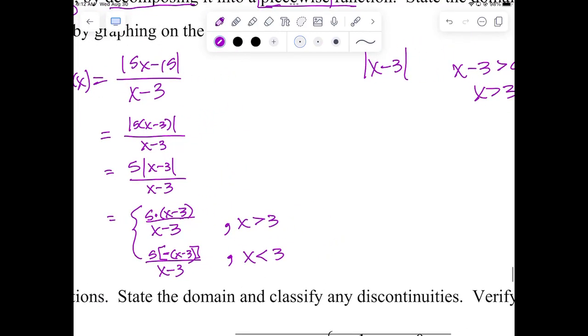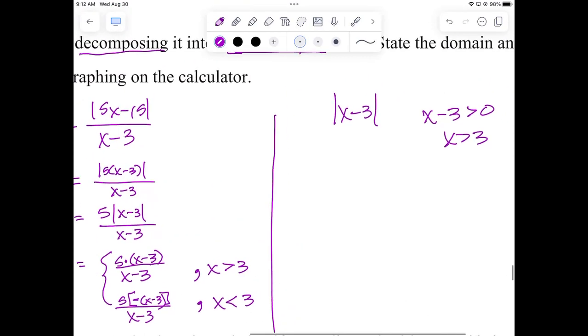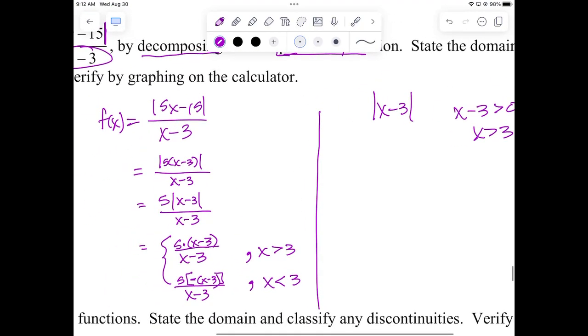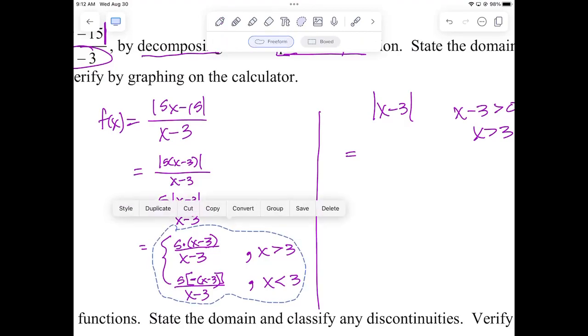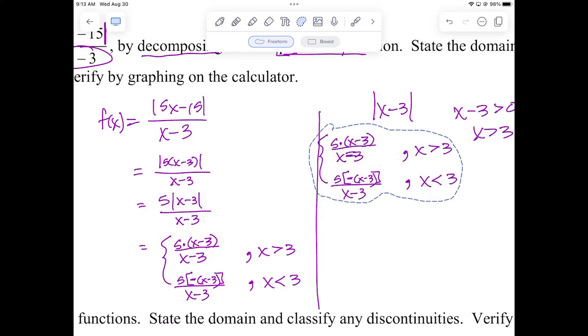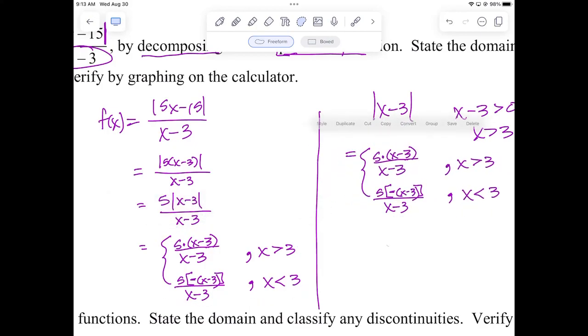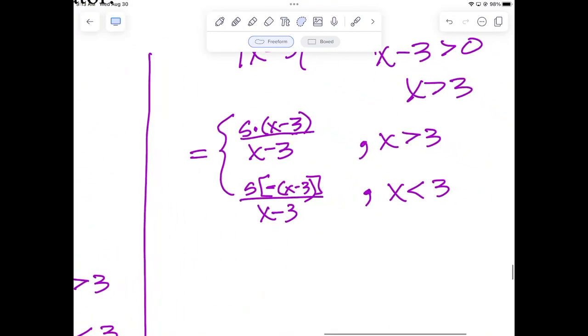We're going to do a new column here. If you ever work straight down and you run out of room, don't start working left to right. Just start with a new column, all right? Now, I want to bring all of this, and I'll just copy and paste it over here. The reason I want to rewrite it is because look what happens now.